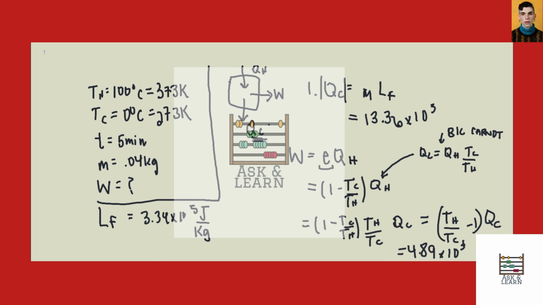TH is 373, TC is 273, and QC is what we calculated in step 1. I'll number this as step 2. So that's your QC, and I'll draw an arrow to bring the point home that you put that there.